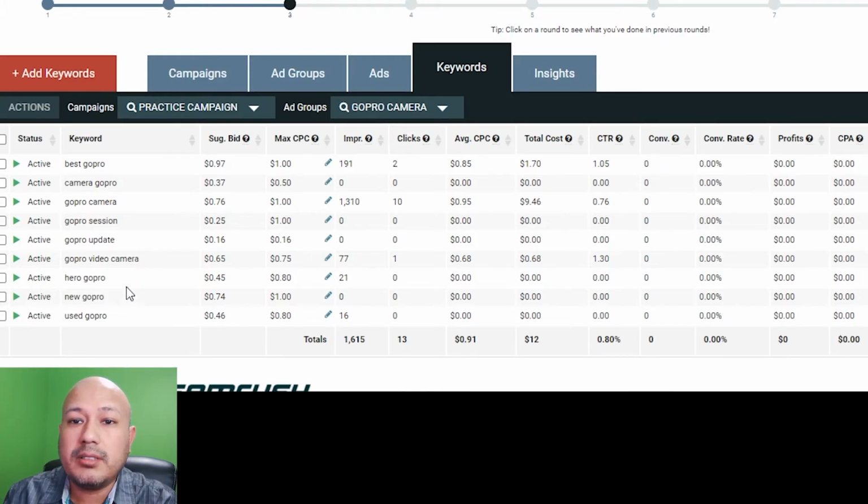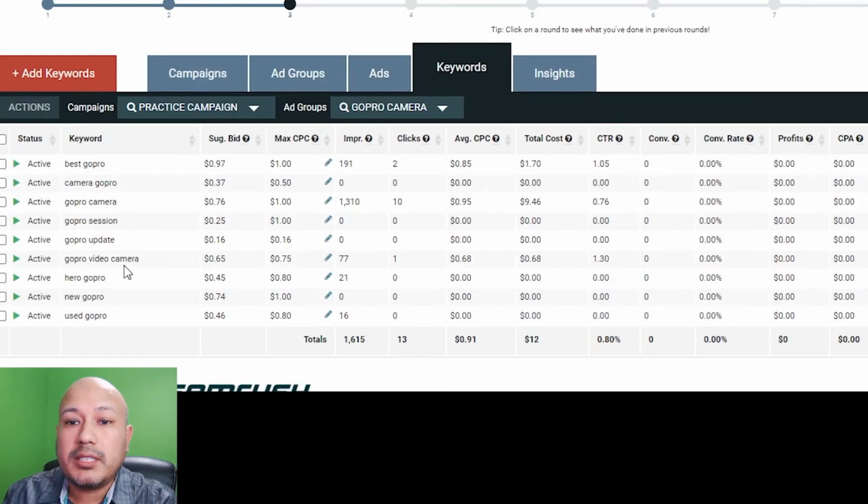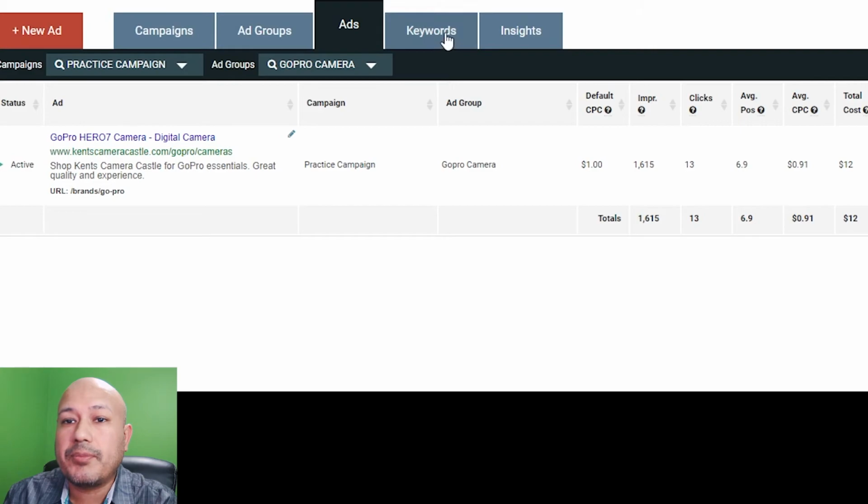So here the advertisement is about Hero 7, but one problem I would see here is that the keywords that have been bought are not about the GoPro Hero 7, right? Because the ad is about GoPro Hero 7, and somebody clicking on this ad, who would be clicking on it?